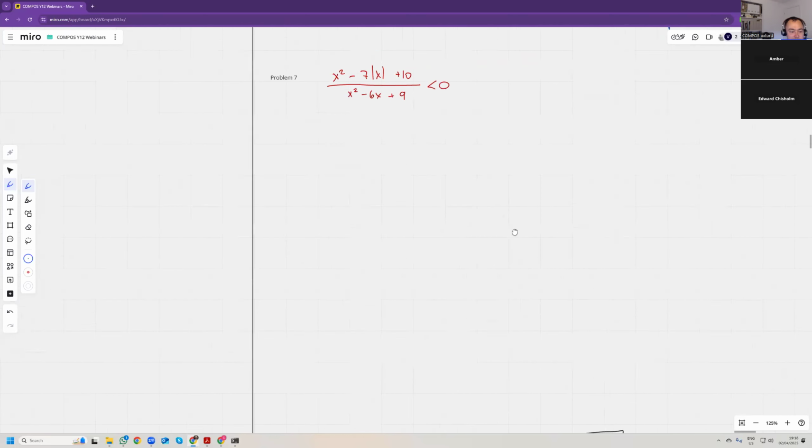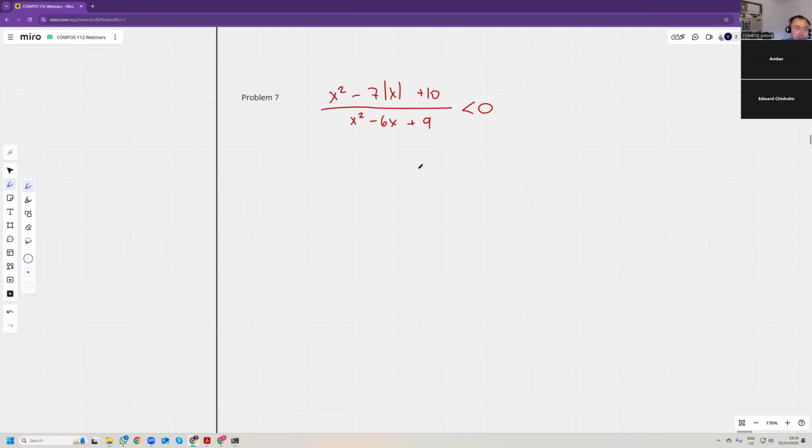Okay, next question. Here, you do need to use the definition of the modulus. And you would say, okay, so if x is greater or equal to 0, then modulus x is x. And then you have x squared minus 7x plus 10 over x squared minus 6x plus 9 less than 0.